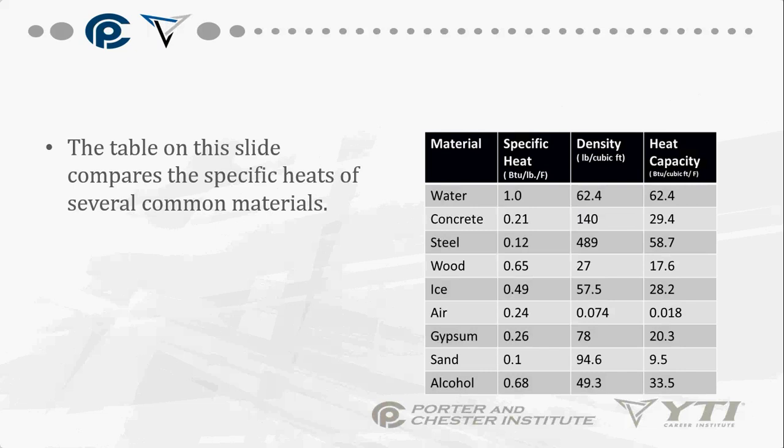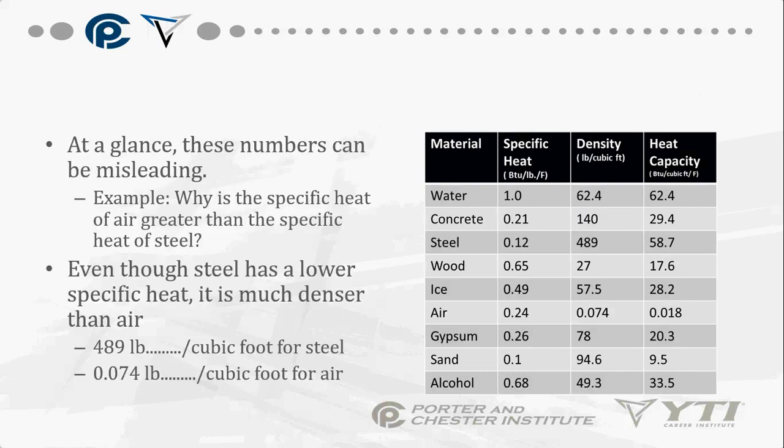But if that steel is out in 32-degree air and I have to heat it up, am I going to have to use more BTUs to do it? Yeah, you're going to have to. So that's why we use water.